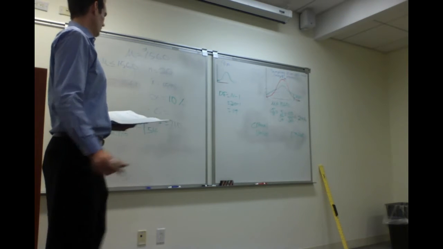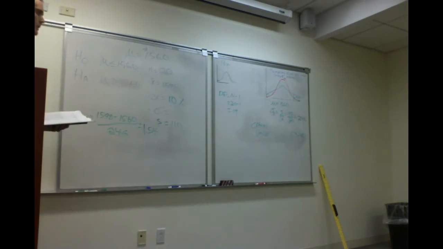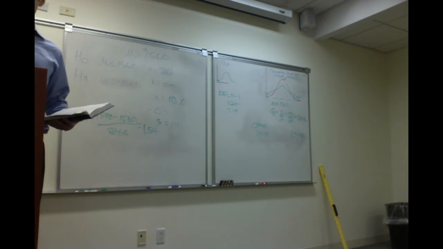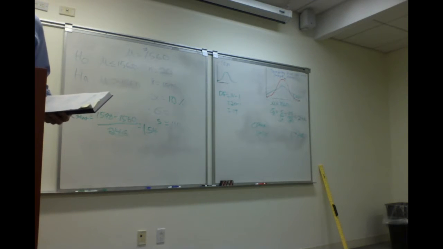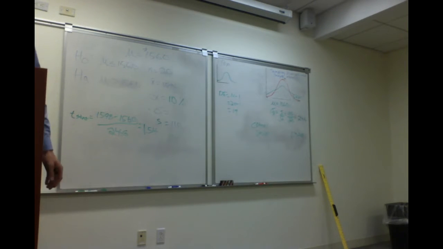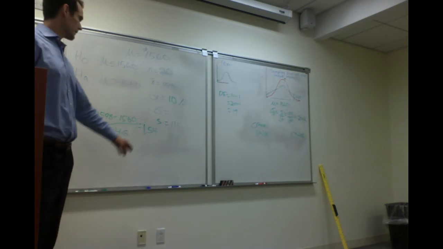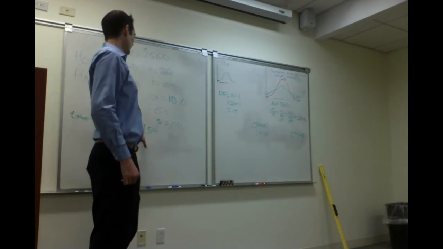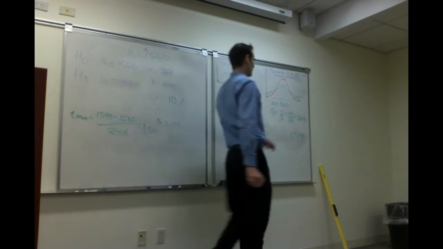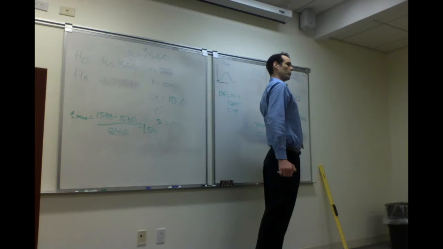Now, we've already calculated the T-stat. So we are at this point ready to make our decision. Reject. We've got a T-stat of 1.54, and we have a critical value of 1.32.